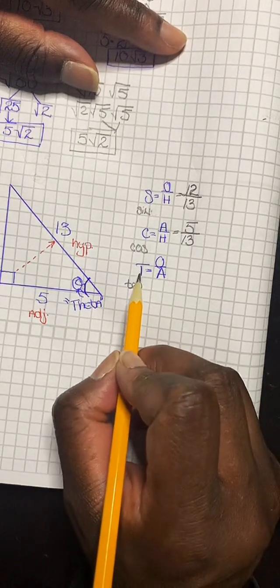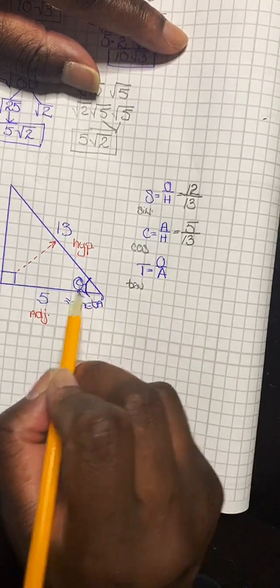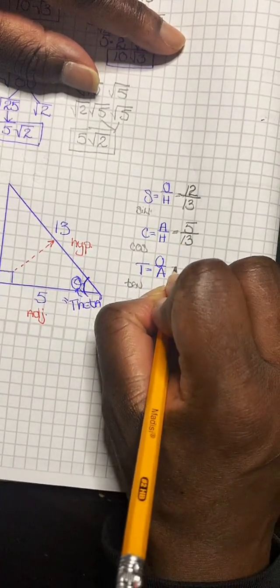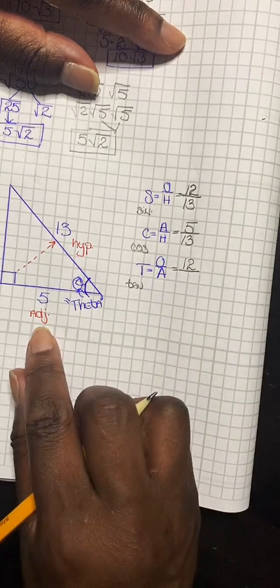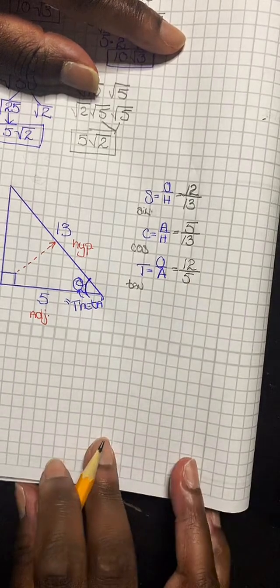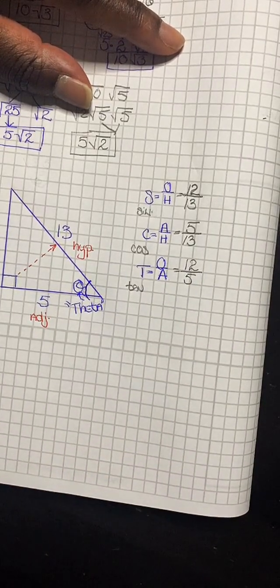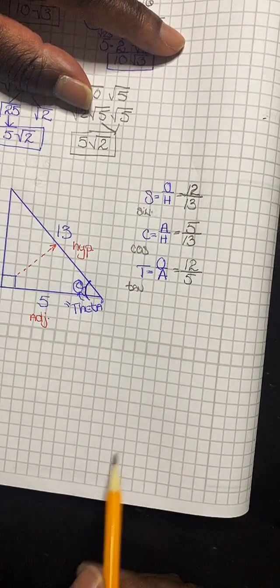All right. So now for tangent, again, the tangent of theta. Tangent is your opposite, which is 12, over your adjacent, which is 5. So most of the time when they ask you what is the ratio to the following trig functions, that's what they're doing.